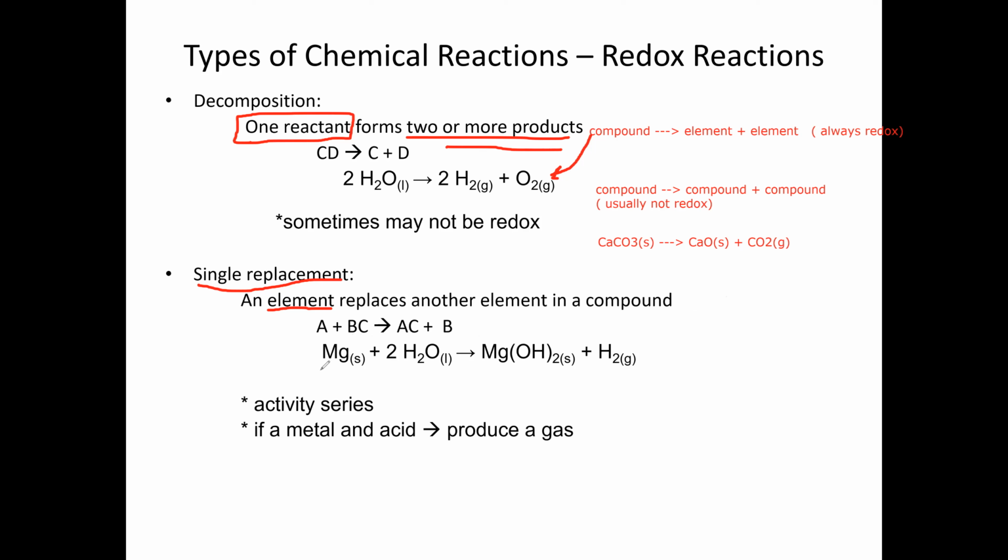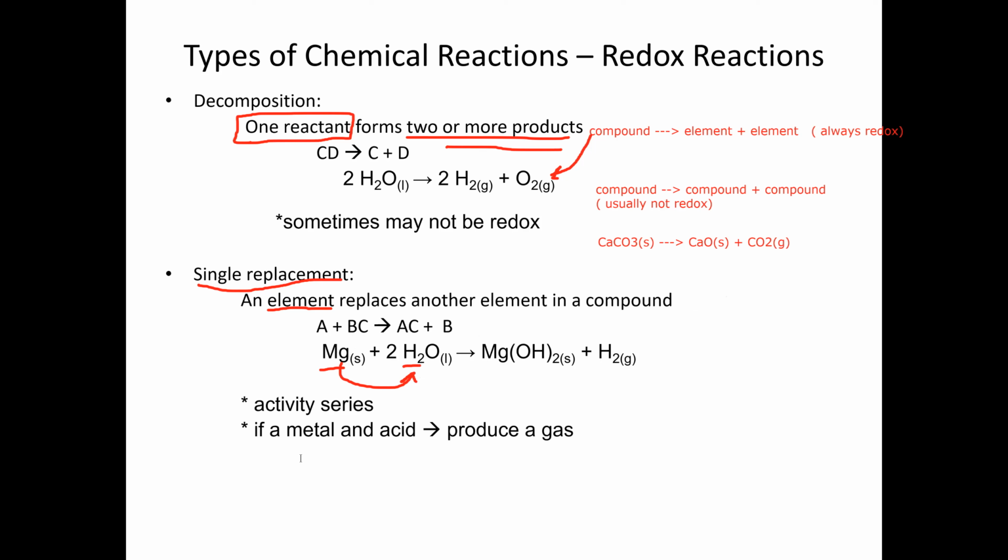So for example, we have magnesium and we have hydrogen. Magnesium is highly active, so it's going to come in and kick off the hydrogen, and we're going to displace hydrogen gas from water.